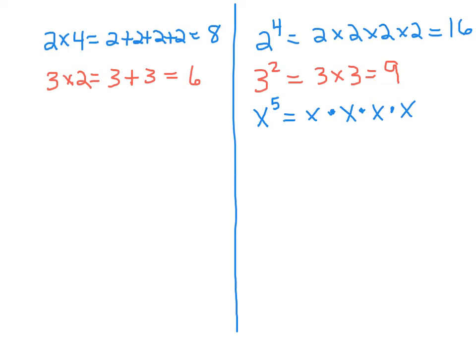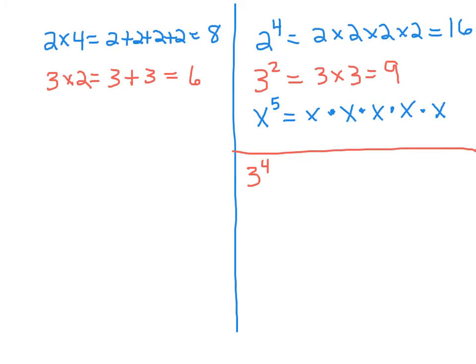It's just another symbol for times, and you really should get familiar with it because you will be seeing that in the future. And look at that. I need one more x. So x to the fifth is x times x times x times x times x, and that's what it represents. We don't have a solution for that because we don't know what x stands for in this case yet.